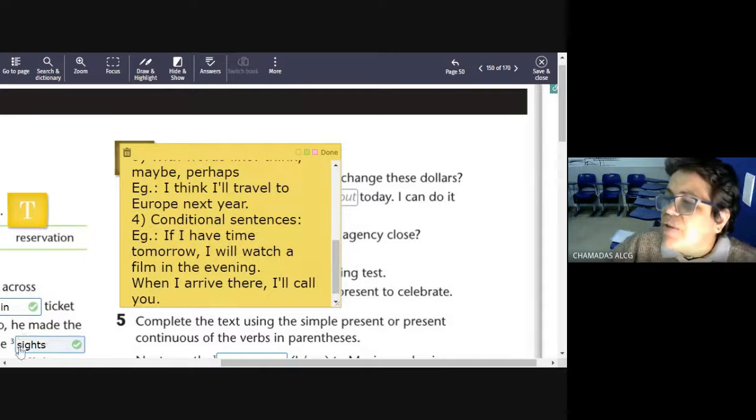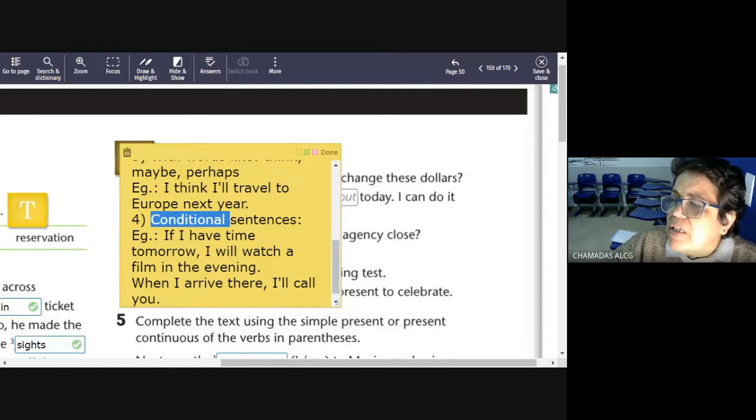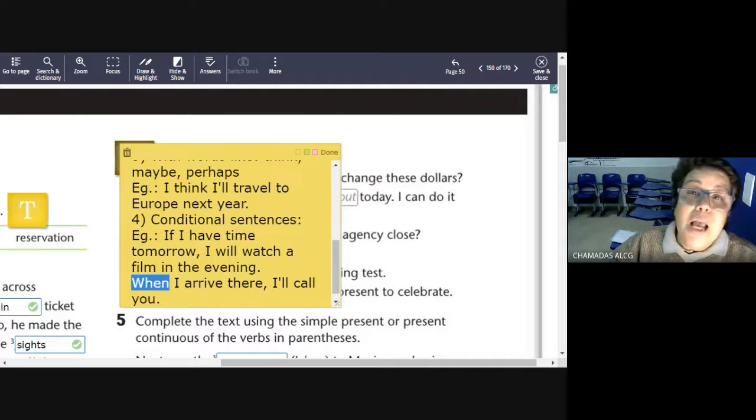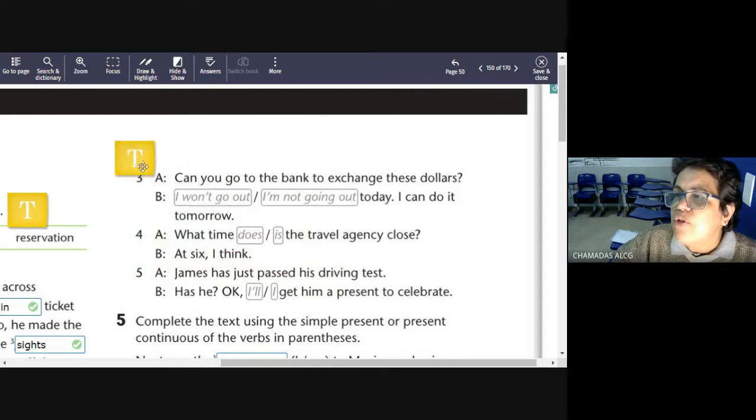Okay, so this is also under conditional sentences. When I arrive there, I'll call you. I use words like if, when, before, after, okay, in this package here, okay? All right, so these are the ones we use will.